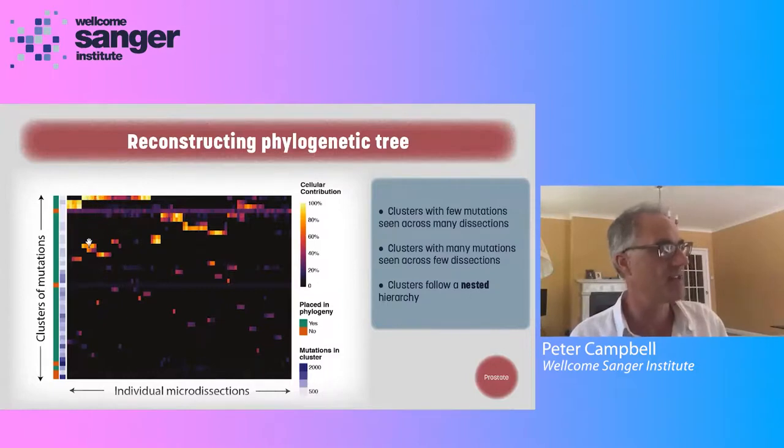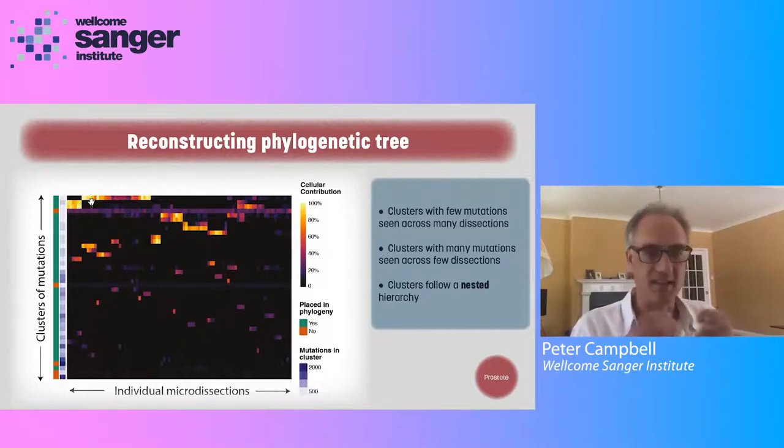And then you can see this nested structure underneath. So here's this cluster of mutations, and then there's a subcluster of mutations here, which are seen in a subset of the microdissections that the original cluster was seen in. And then further down, there's another cluster that's a subset of these ones. And then down here, there's a further couple of subsets.